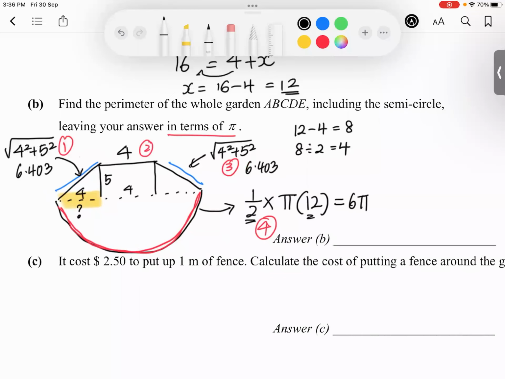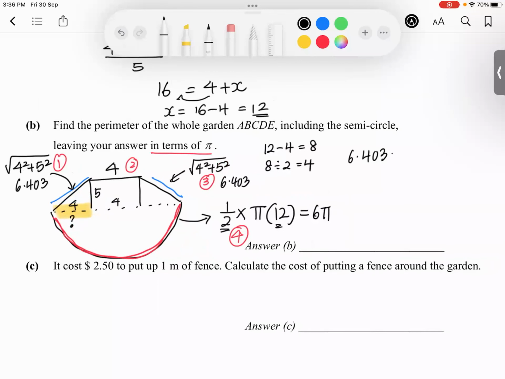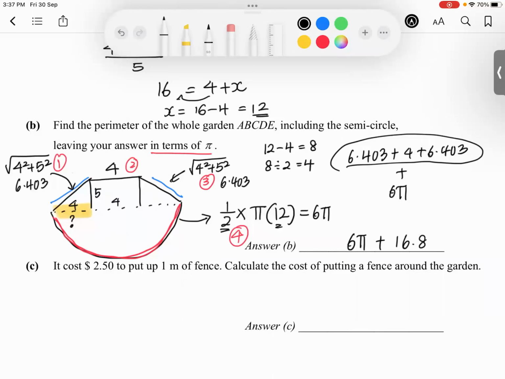Add everything together. 6.403 plus 4 plus 6.403 plus 6 pi. This 6 pi is on its own, cannot touch. So the final answer will have 6 pi. Then we add all these 3 portions together. 6.403 times 2 plus 4, I'll get 16.83 as well. Okay, so my whole answer here will be in terms of pi.